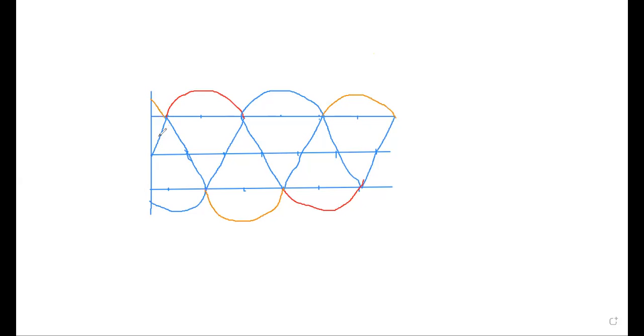Now, your first curve is started at 30 degree. It is started at 30 degree. Now, this is 150 degree. Okay. And this is 270 degree. So they are separated like that.